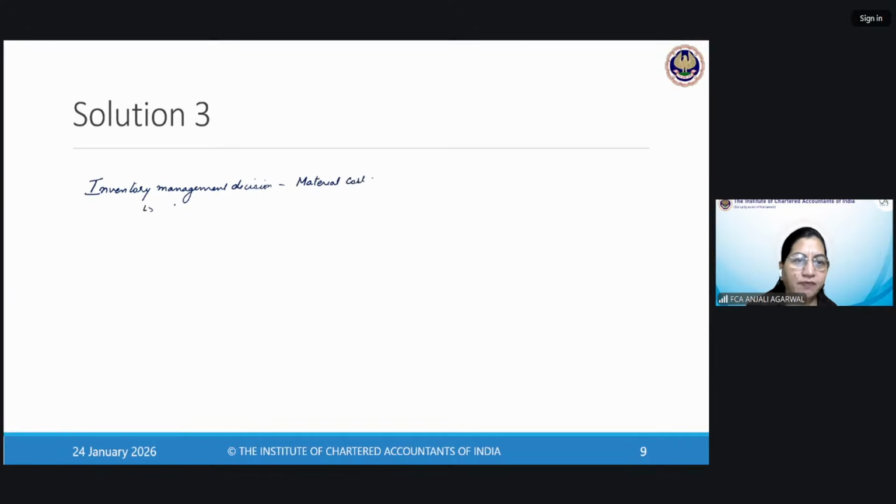We have seen when to place the order by looking at reorder levels. And we have also seen how many units should be ordered at a time. Generally, whatever is the economic quantity, that would be your reorder quantity.